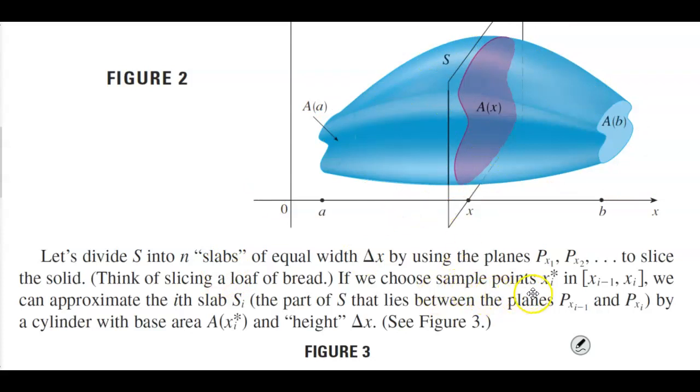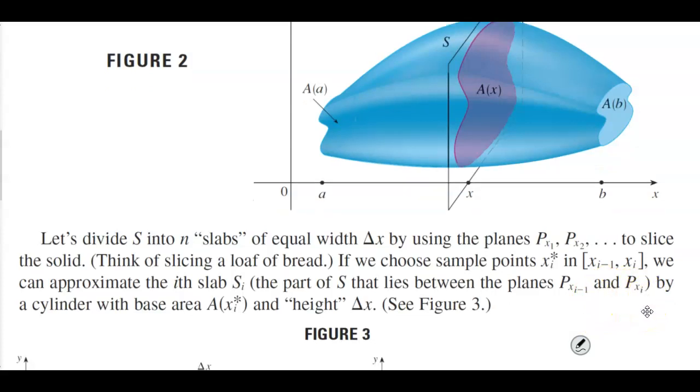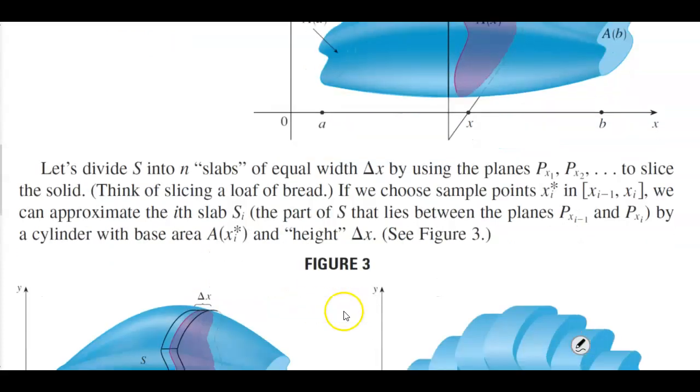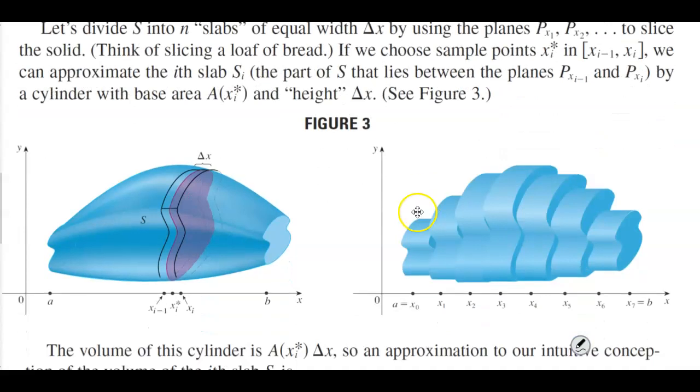Now if we choose sample points x sub i star in the interval from x sub i minus 1 to x sub i, we can approximate the ith slab, the part of S that lies between the planes Px i minus 1 and Px i, by a cylinder with base area A of x sub i star and height delta x, which is in figure 3.